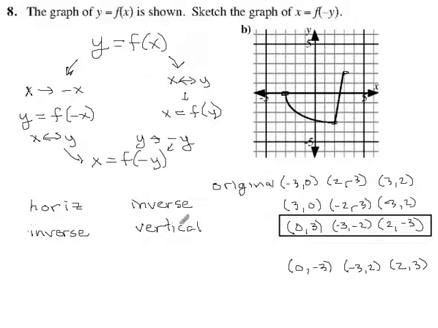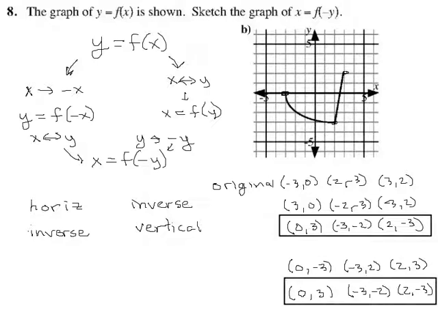And then we do the vertical, which means flip the signs on all the y coordinates. So here 0, this becomes +3. Here we get -3, comma, this becomes -2. And here we get 2, comma, and this flips to -3. That's our result if we do the inverse then vertical way.